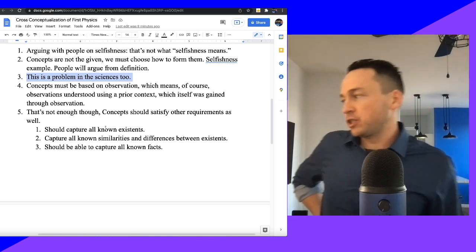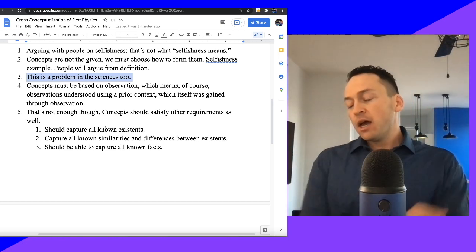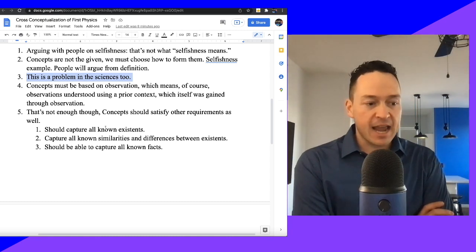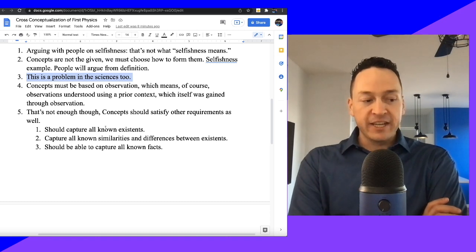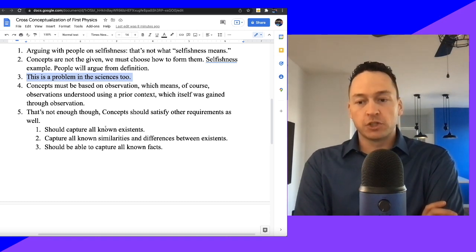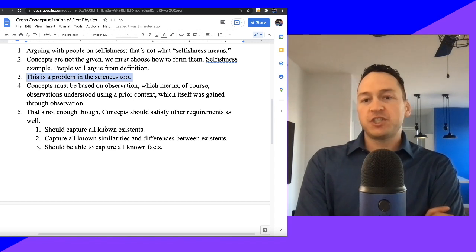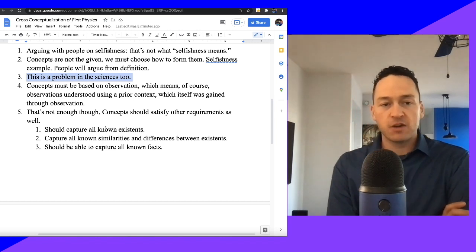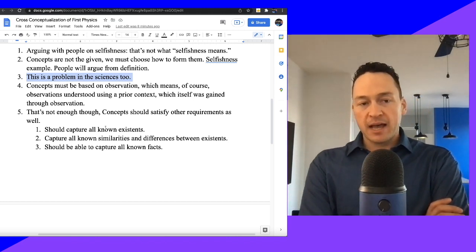There was just a lack of understanding of the fact that at some point someone had to define angular momentum this way, and they defined it for a specific reason because it captured certain facts. And unless we understand why it was conceptualized that way, then we don't fully understand what facts angular momentum conceptualizes.